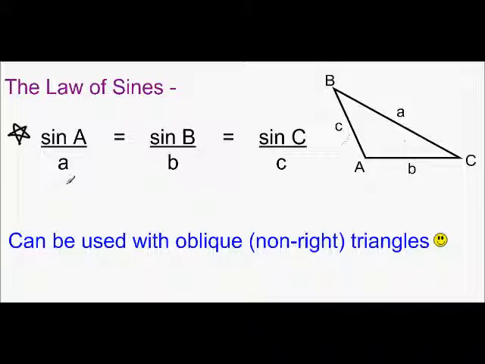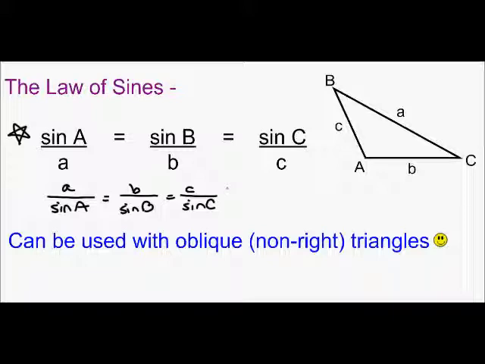You might also see this written flipped over. So little a over sine A equals little b over sine B equals little c over sine C. This is the same thing, and that's fine. So you do need to memorize either what's written here typed or what I just hand wrote. You need to memorize one of those. That is the law of sines.